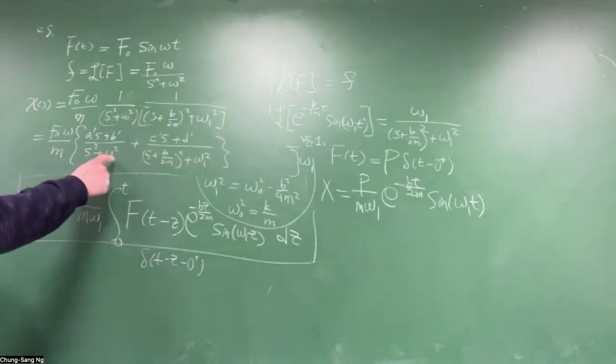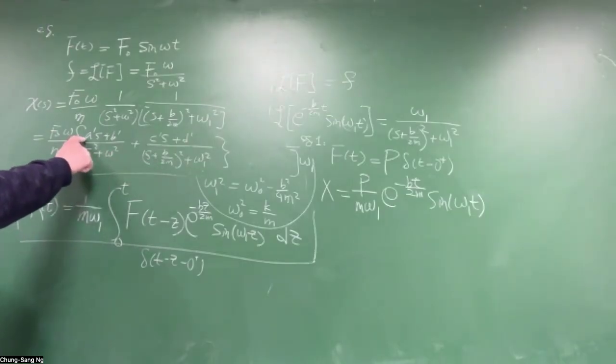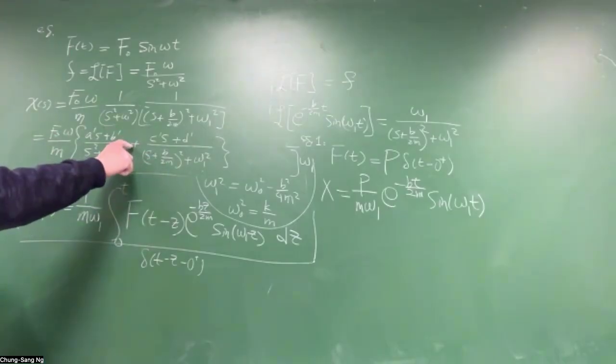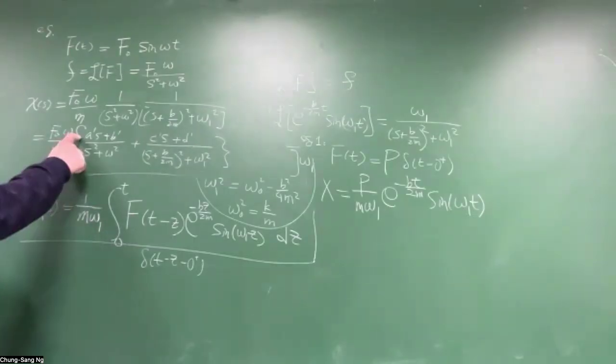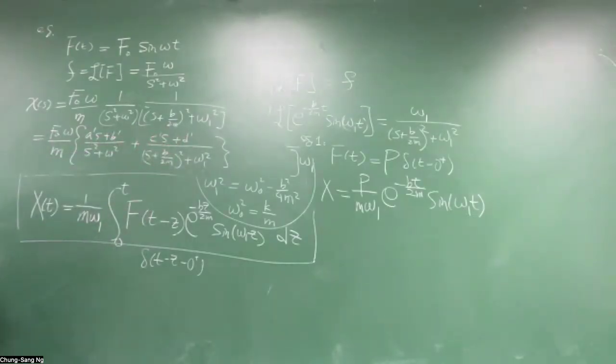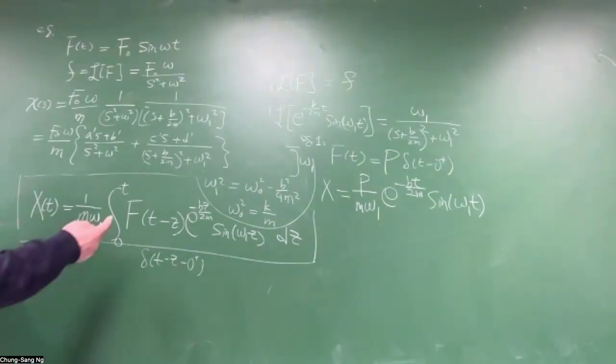You just need to multiply this denominator, and this one multiplied by this one plus this one multiplied by this one, with four unknown coefficients, and that is doable.